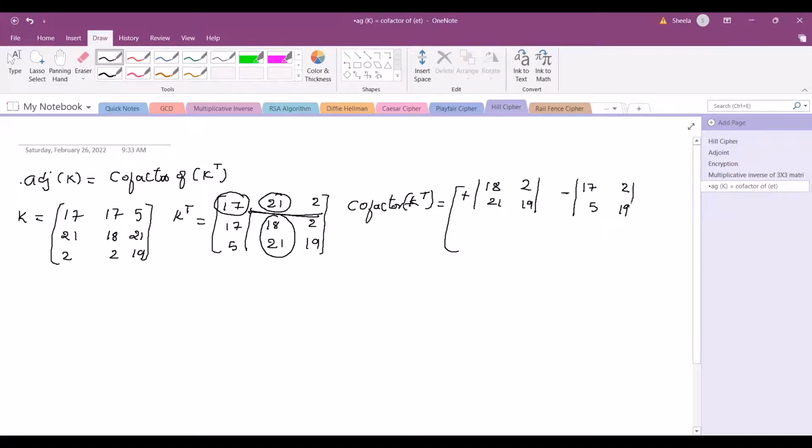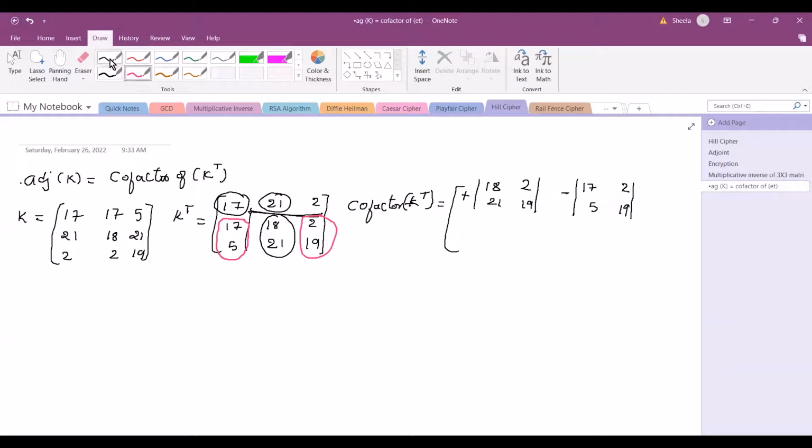When I skip the first row and middle column, I'm left with the elements 17 and 5, as well as 2 and 19. They form a submatrix, and I need to consider its determinant.